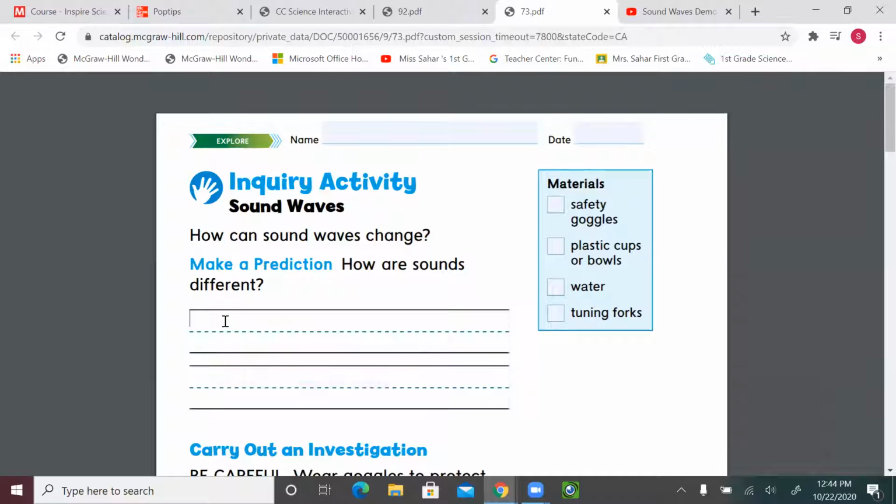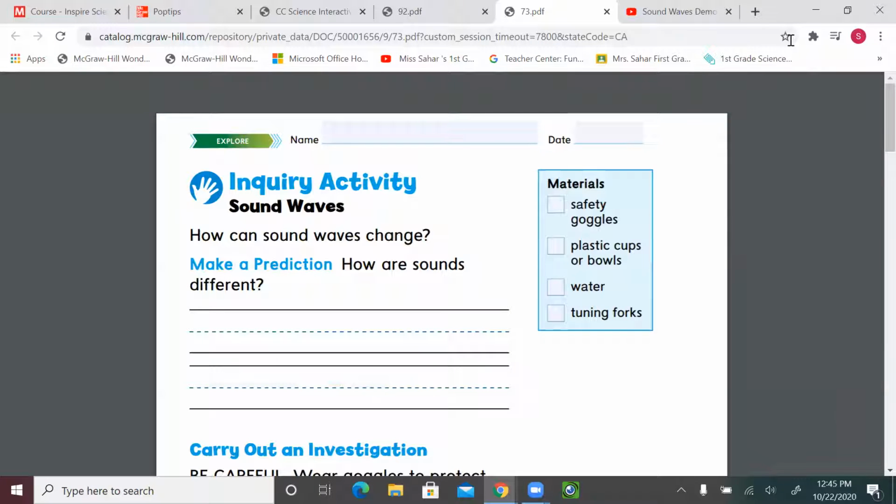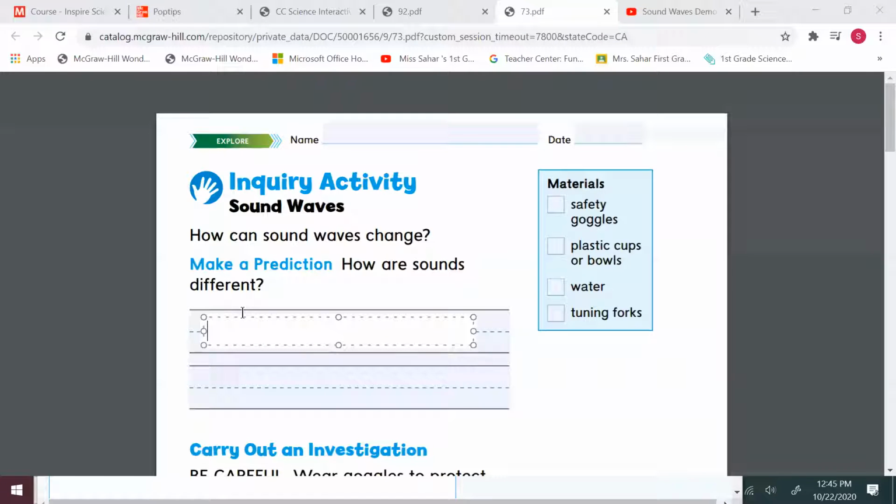So we can write down here: sounds can be loud or soft, right? So that's how sounds can be different.